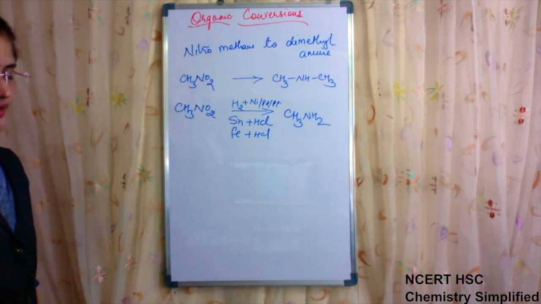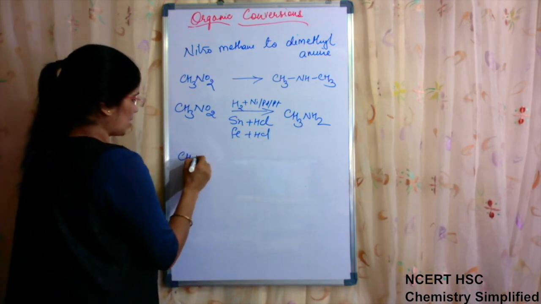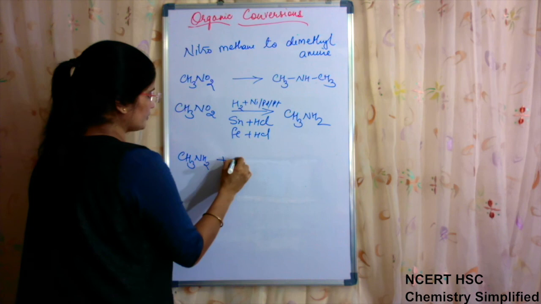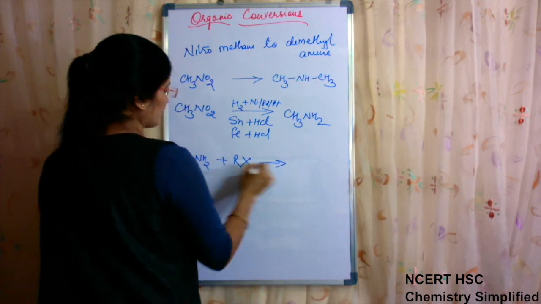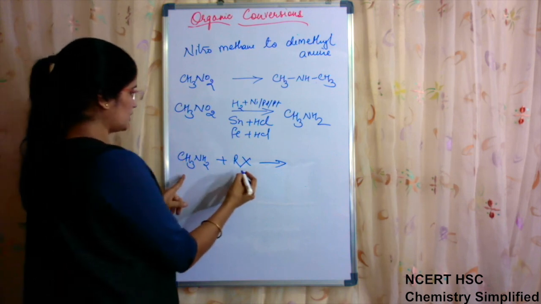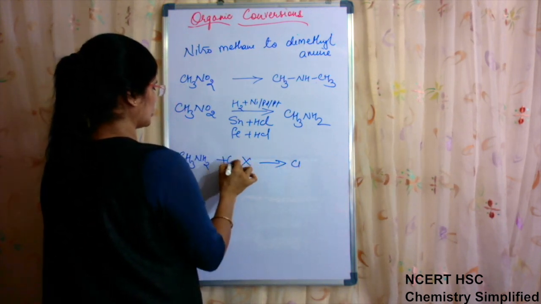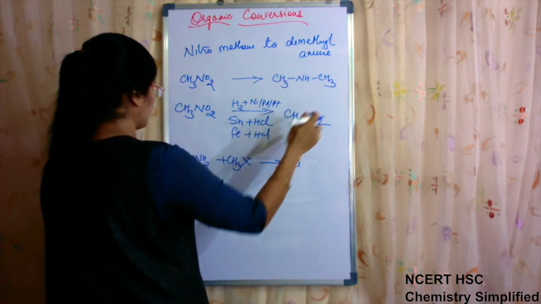Any of these reagents can convert nitro compounds into amines, CH3NH2. They are converted directly. Now once we have obtained this, we know that when primary amines are treated with alkyl halides RX, they form secondary amines. This R we have to take here as CH3 because we want one more CH3.